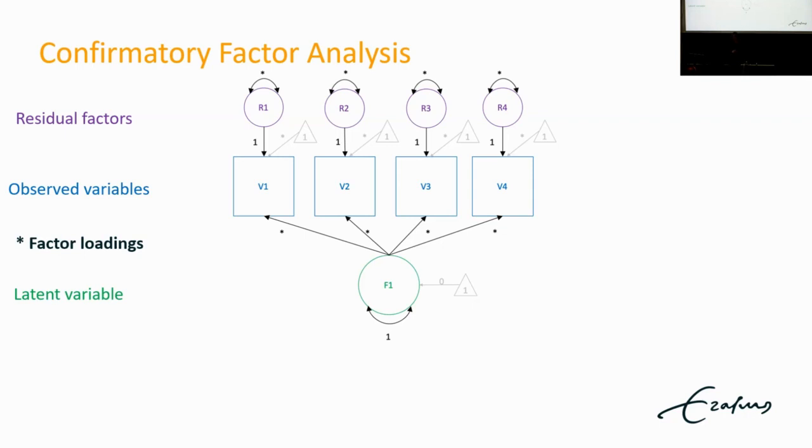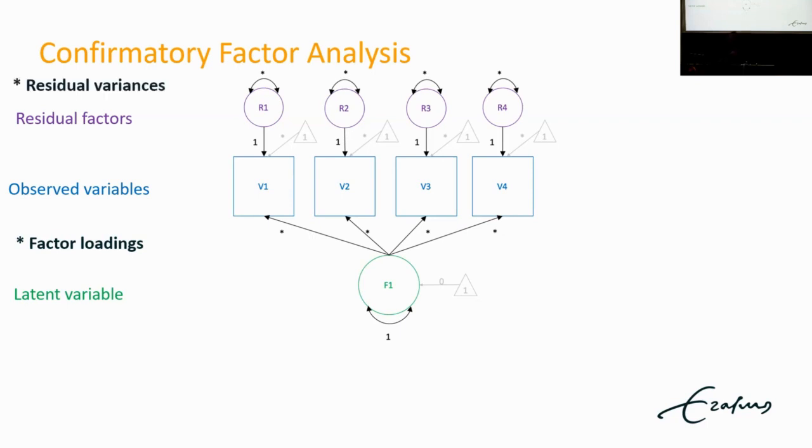And we can look at how strongly the observed variables are related to the latent variable. Is feeling guilty really a strong indicator, strongly connected to depression? Or is it weakly connected because it's not really a good indication of how depressed I feel? That's something you can infer from looking at the factor loadings.